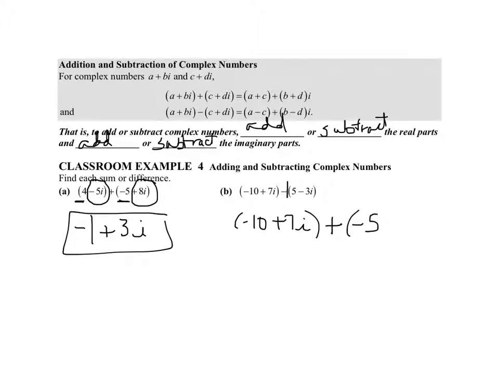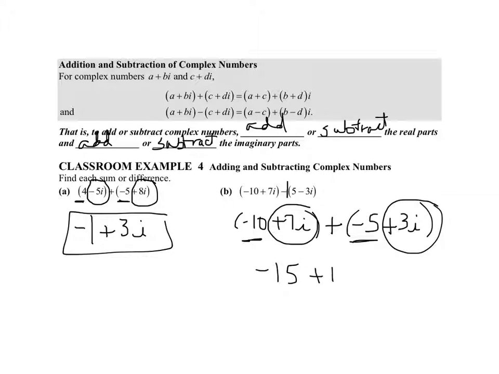And -1 times -3i would be a +3i. In other words, I'm adding the opposite. The original complex number was a +5 and a -3i, but it was being subtracted. When I change it to addition, these have opposite signs. And now I'm back to where I was on A. I simply put together the real parts, which gives me -15. When I add the imaginary parts, 7i plus 3i gives me a +10i.